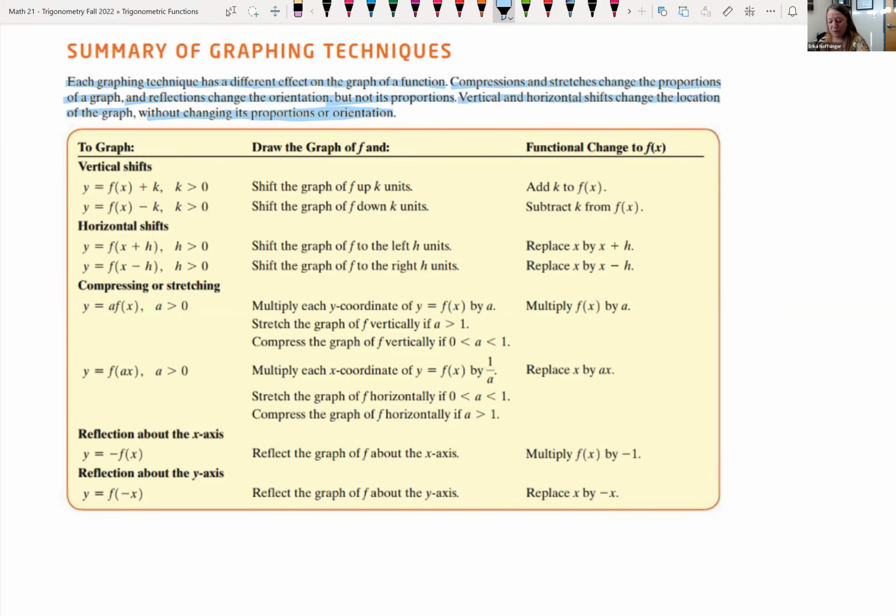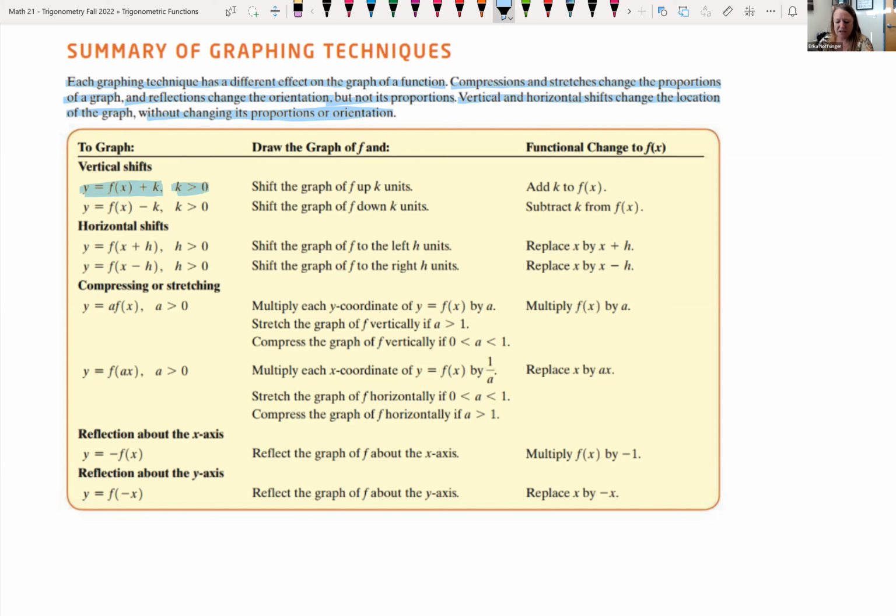So recall, when we're looking at a function f of x, and we either add a constant or subtract some constant to that function f of x, so outside of that function, that's actually a vertical shift. We're going to say that our constant that we're adding is k, and k is always bigger than 0, so we don't have to think about adding a negative number or subtracting a negative number.